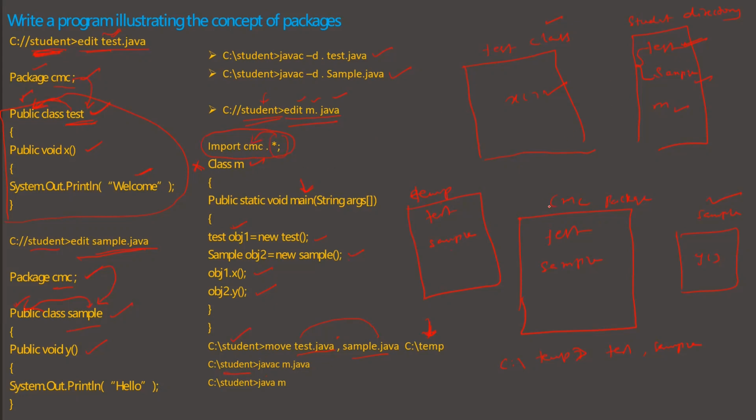In my CMC package, I have Test and Sample. Those will be imported to the place where the main method is. Then in class M you have created public static void main(String[] args), and you have created an object for Test. You have called obj1.x, and the Sample object's y, obj2.y.